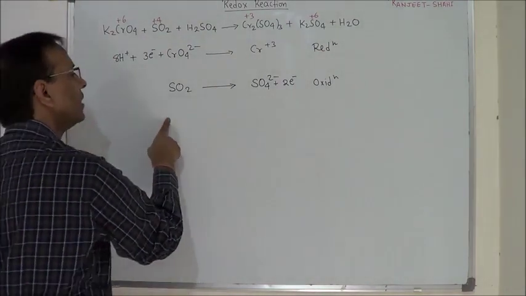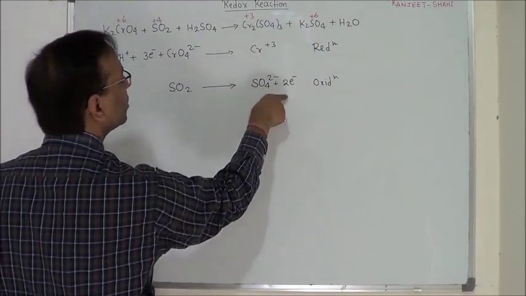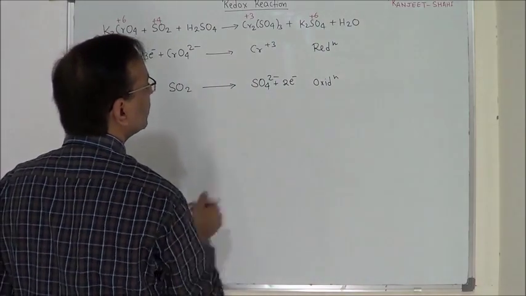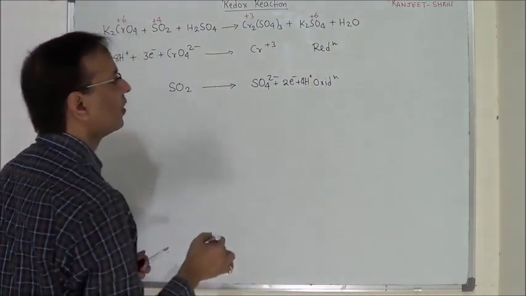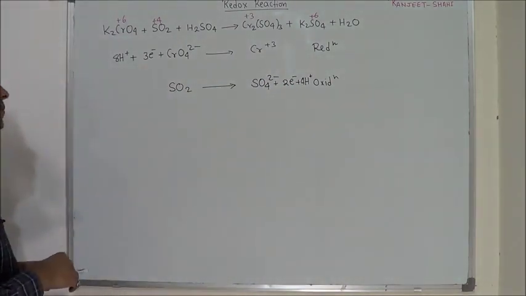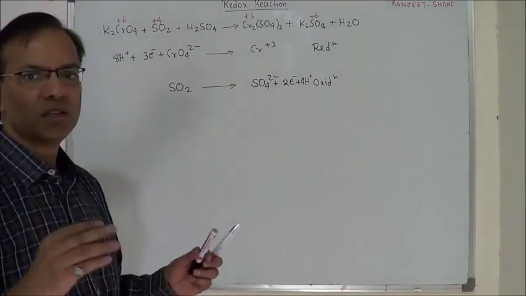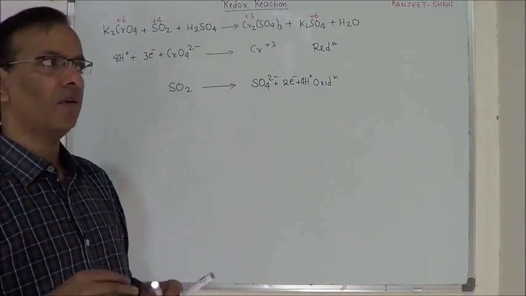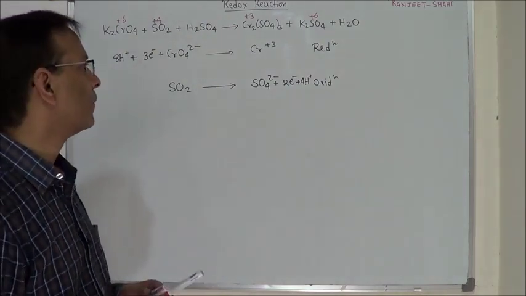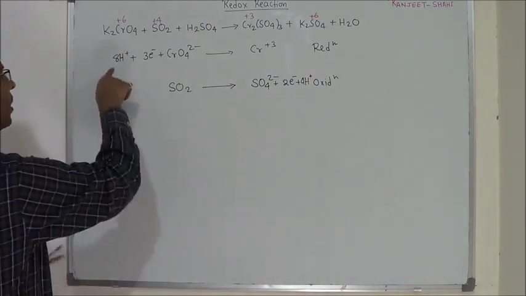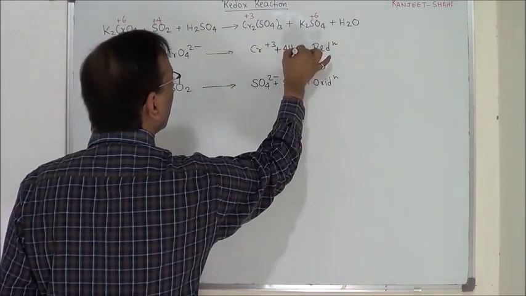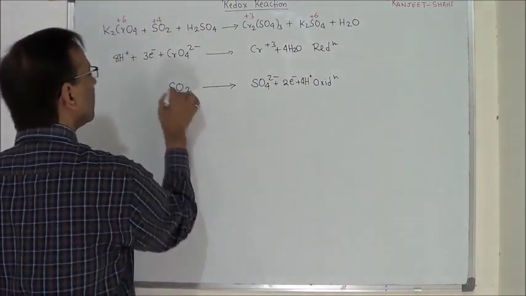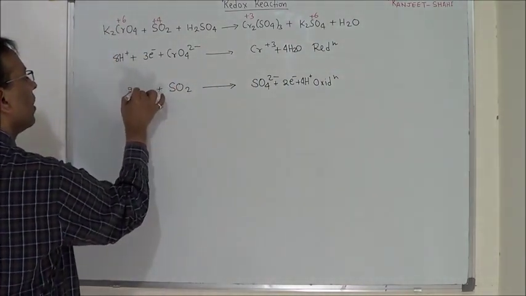In the second reaction, 0 -4. So in order to make 0, 4H plus. Charge is now balanced. Balance hydrogen oxygen. 8 hydrogen, so 4 water, 4 hydrogen, so 2 water.